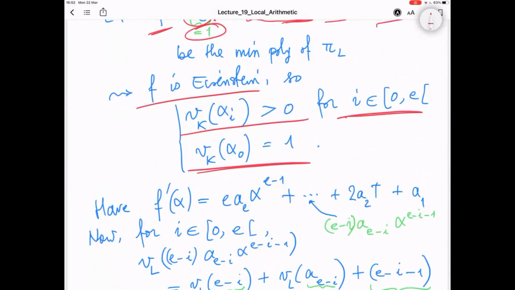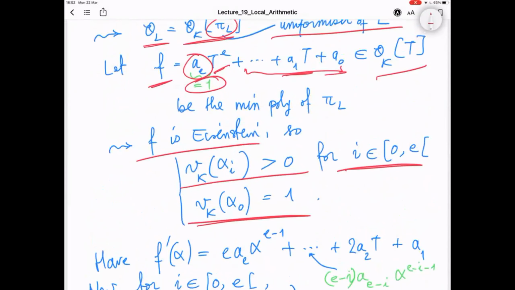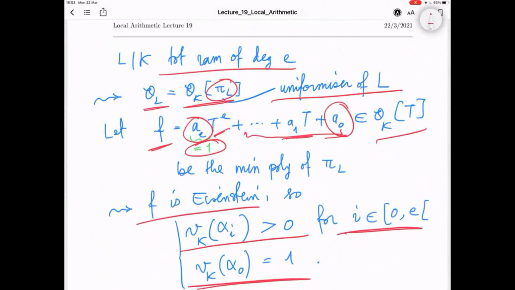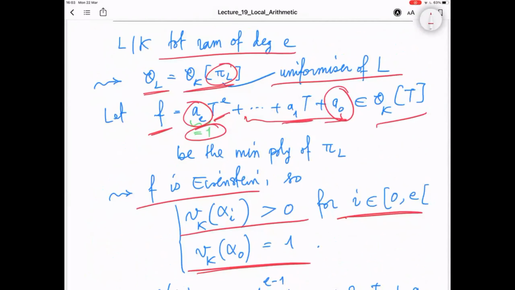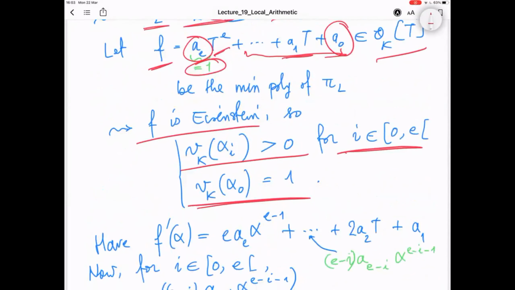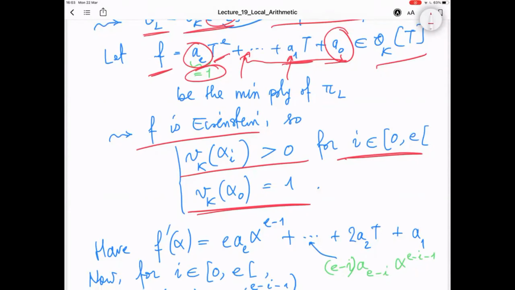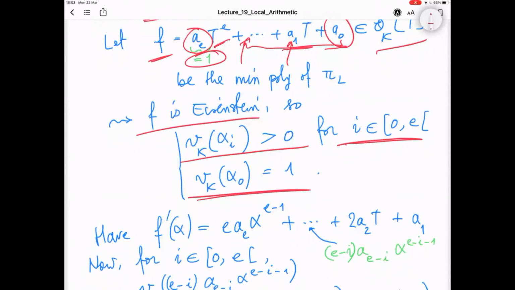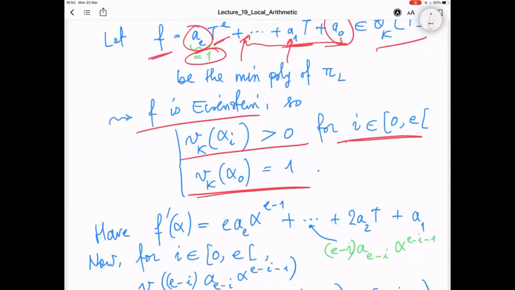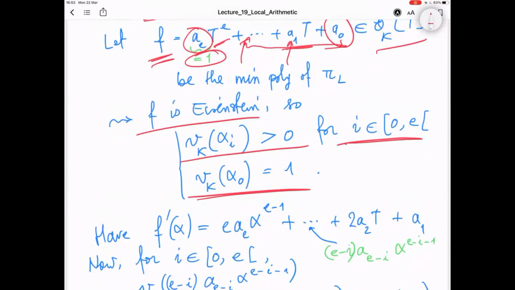This is not divisible by the square of a uniformizer. It's divisible by the uniformizer, but not by the square. The other coefficients may be divisible by an arbitrary power of a uniformizer. So anyway, here is our f, and this is Eisenstein.